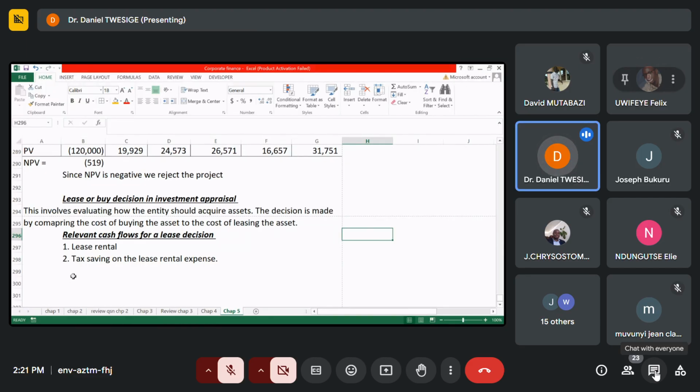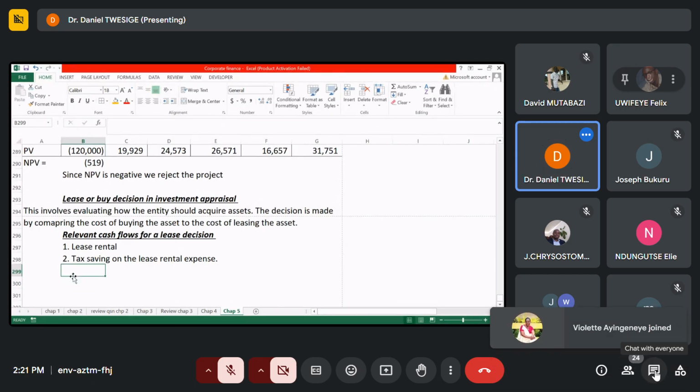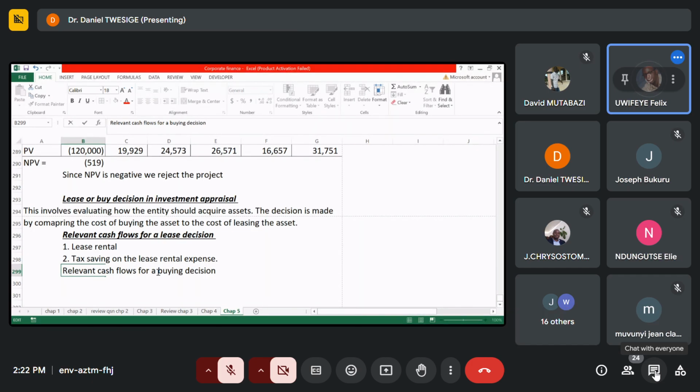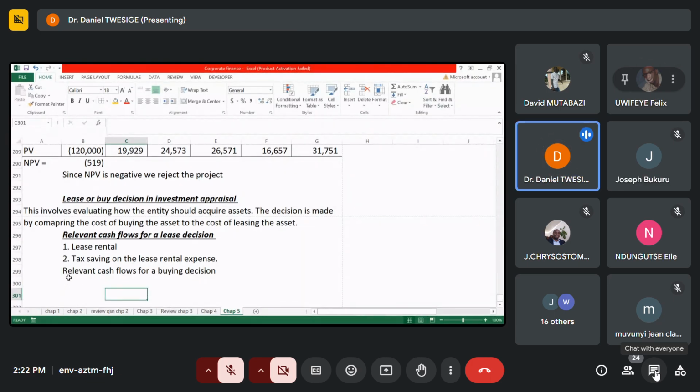Now, what will be the relevant cash flow for a buying decision? Suppose you want to buy the asset. What will be the relevant cash flows? Number one, the cost of the asset. The cost of the asset is relevant.